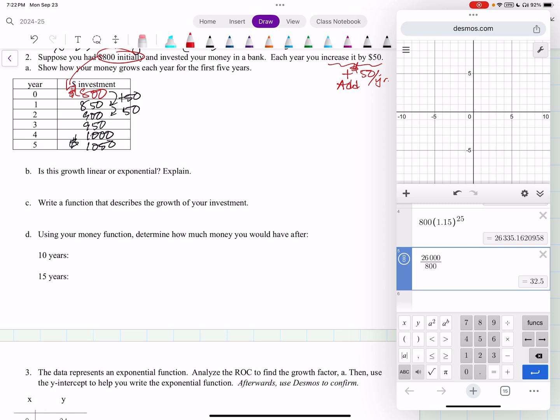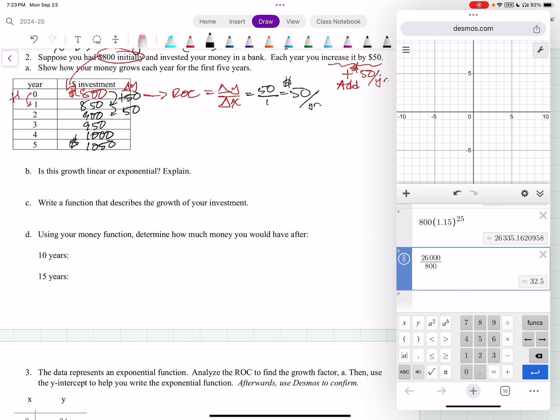This right here is your delta y, and your delta x here is 1. So the rate of change is equal to delta y divided by delta x, as we talked about earlier, and that's 50 divided by 1, or $50. The rate of change is 50 bucks per year.